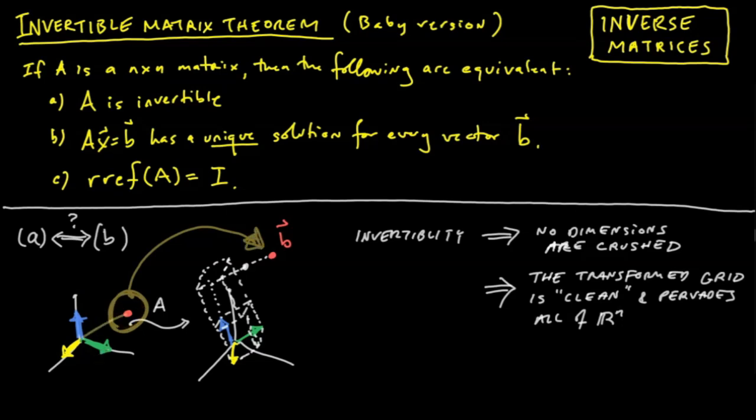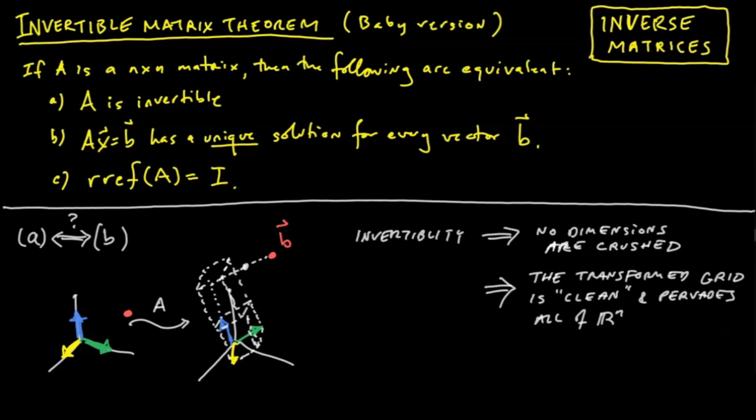In other words, I'd have some vector x that A maps to b. I would have found a solution to the equation Ax equals b. And of course, none of this depended on where b happened to be. It could have been anywhere, since this grid pervades all of Rn. There's nowhere for b to hide.